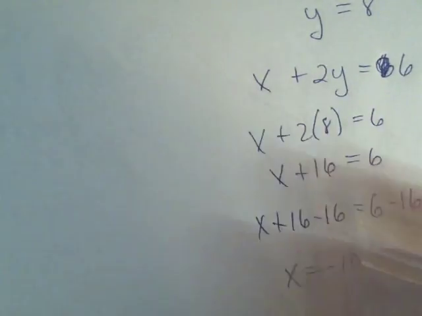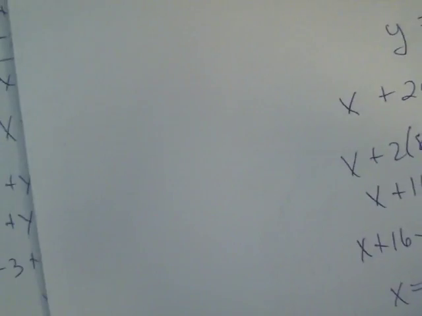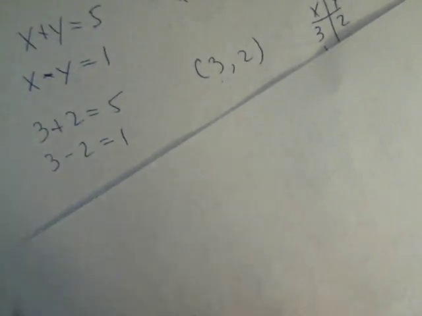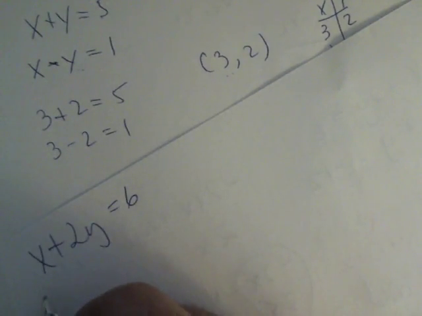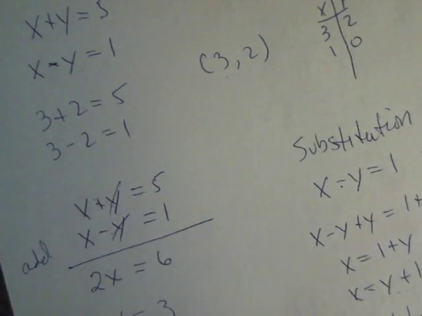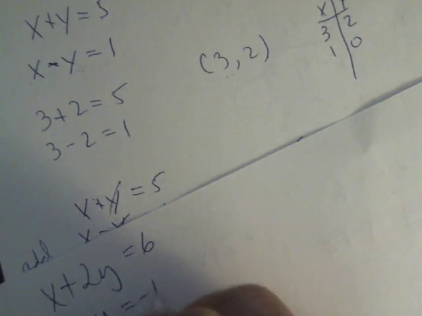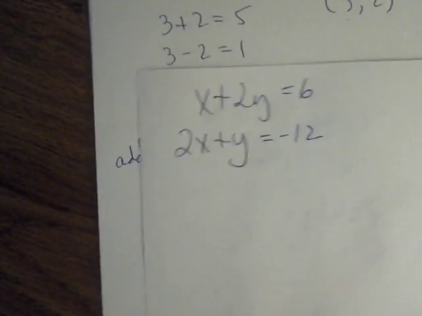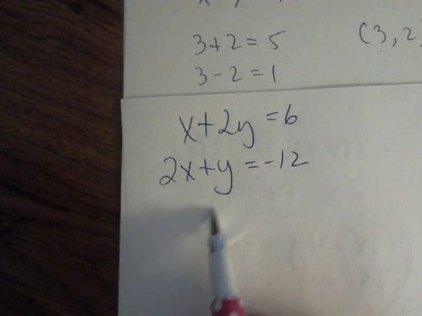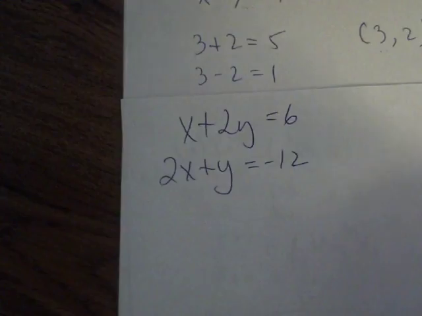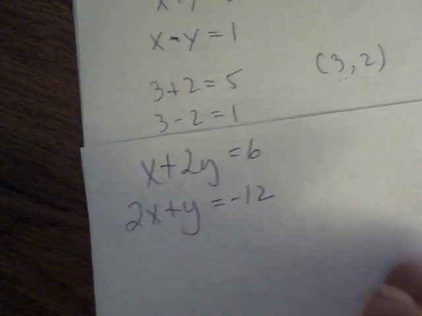You could have also done this first equation by the substitution method. So if I have x plus 2y is 6, and 2x plus y is negative 12, I can either solve the top equation for x or the bottom equation for y. Doesn't really matter. I'm just going to do the top equation for x.